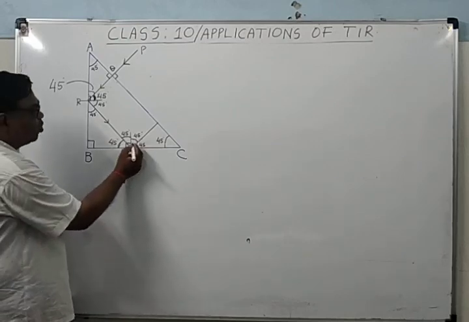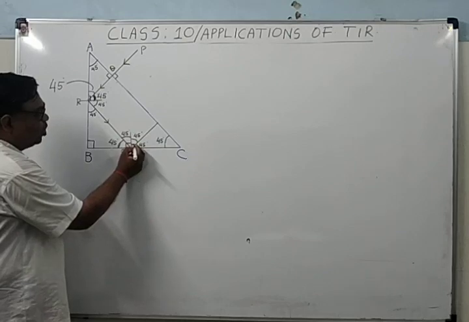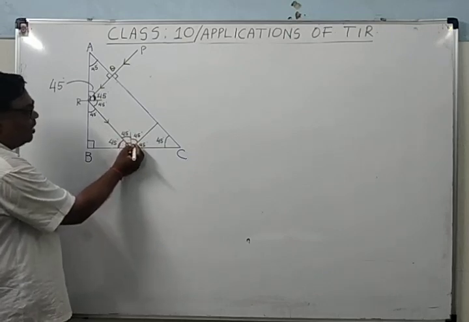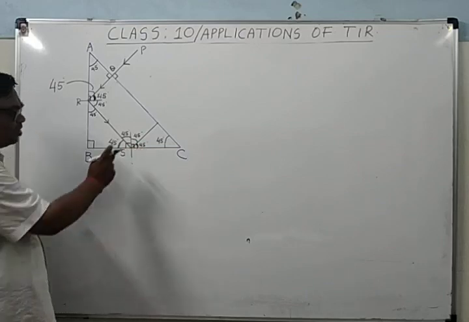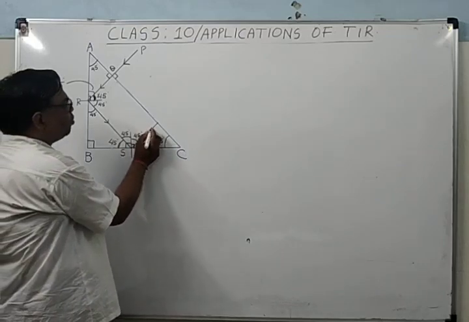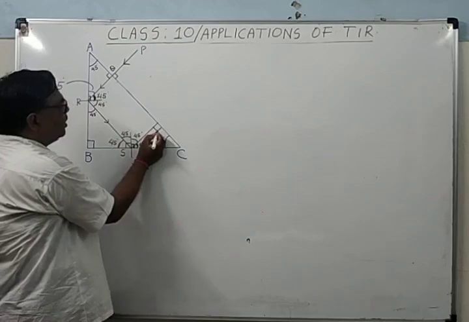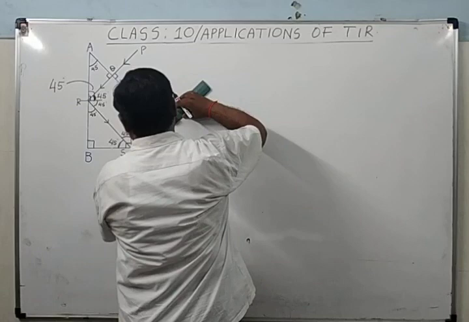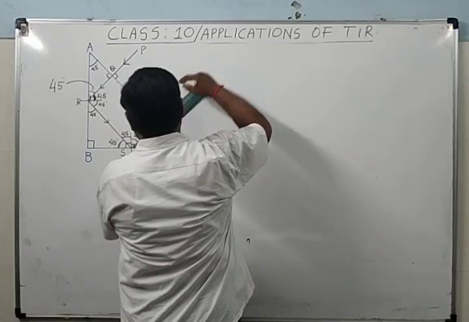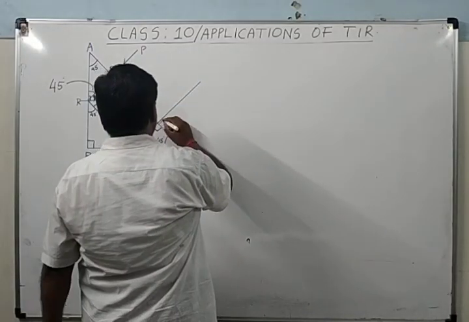Because this whole angle is 90 degree, so 90 minus 45. Now this is 45, this is 45. So what will be this angle? 90. Therefore it will pass undeviated. It's clear?